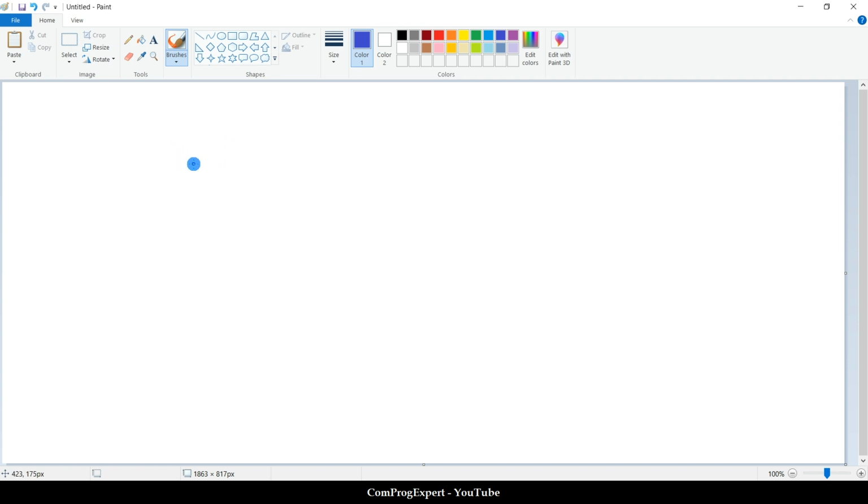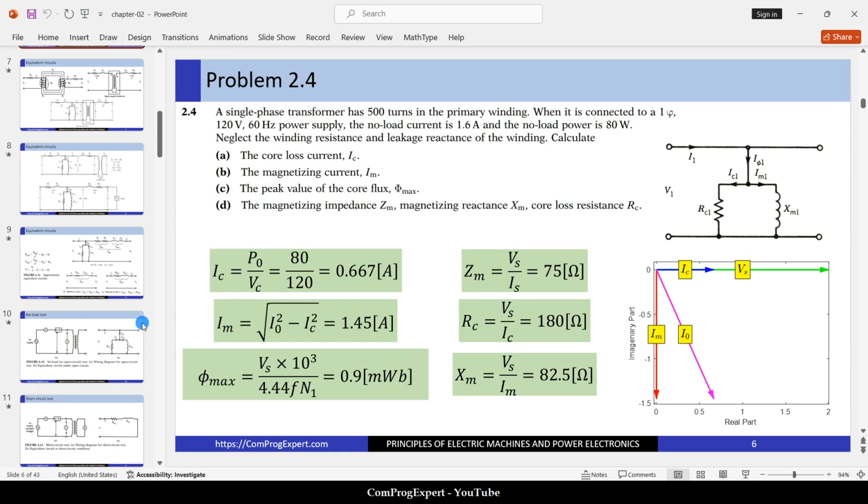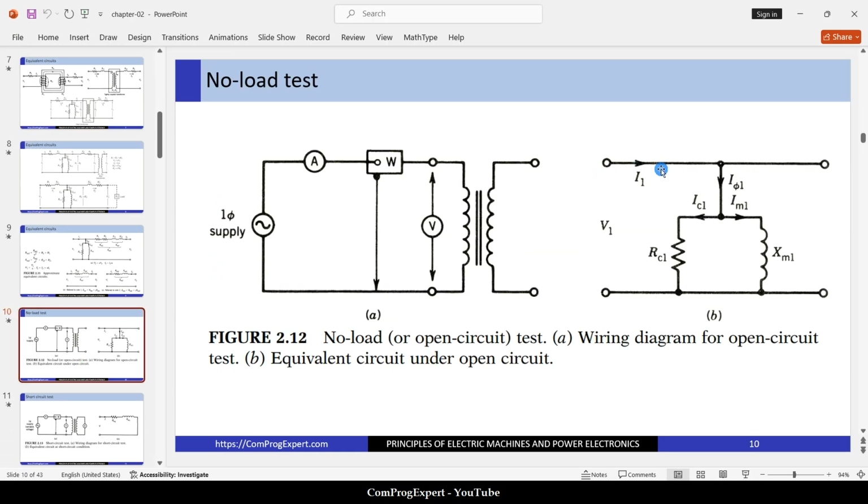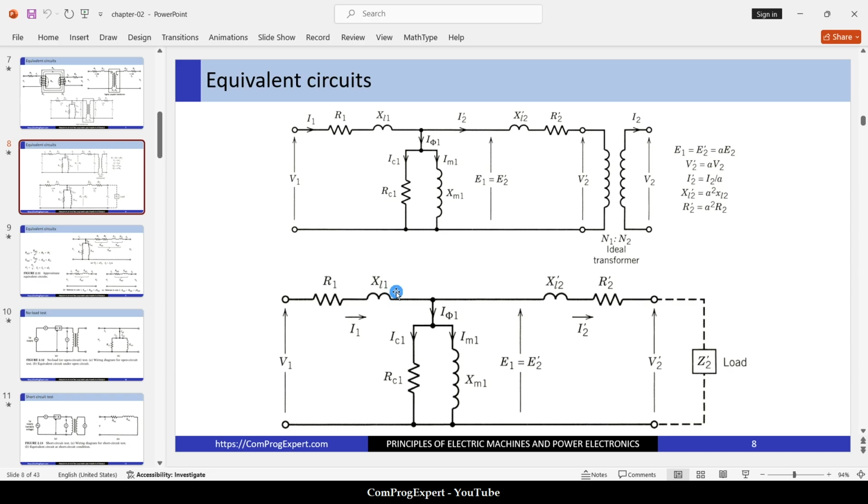this model for the transformer. In the no load test, we can neglect the resistance and leakage inductance, right? Because the impedance of this branch is much higher than this one that we have for the primary side.